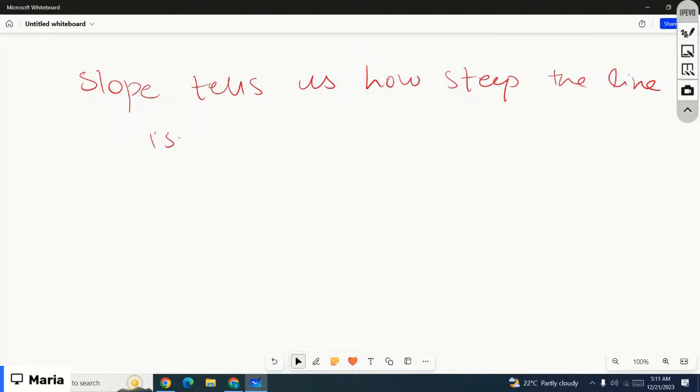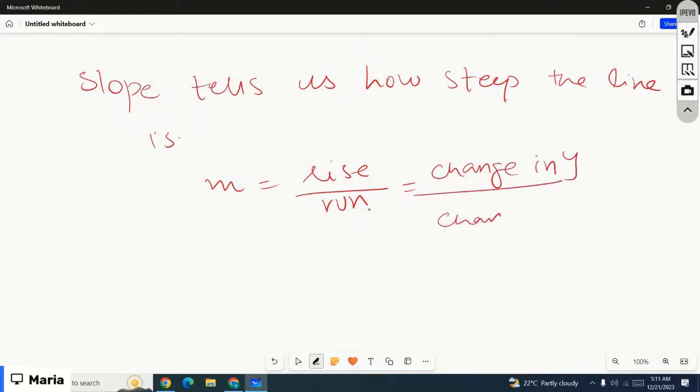Whenever we need to calculate the slope, we need to see how much we go up or down. We need to see the vertical change and the horizontal change. The slope is m equals rise divided by run, or change in y divided by change in x. You are given two coordinates, x1, y1 and x2, y2.